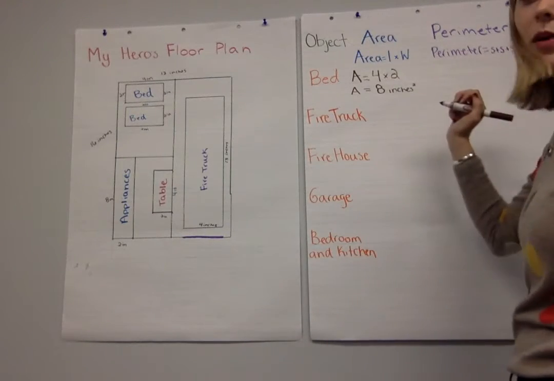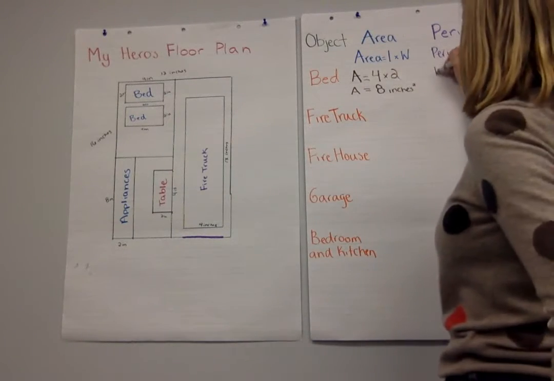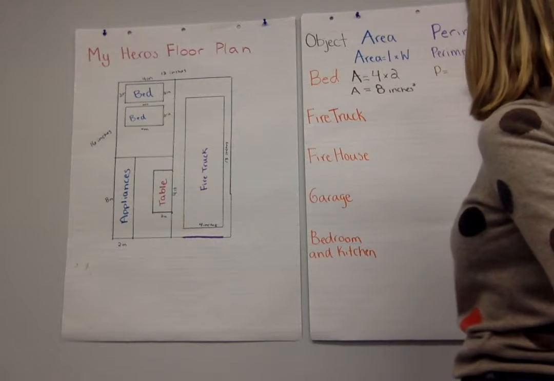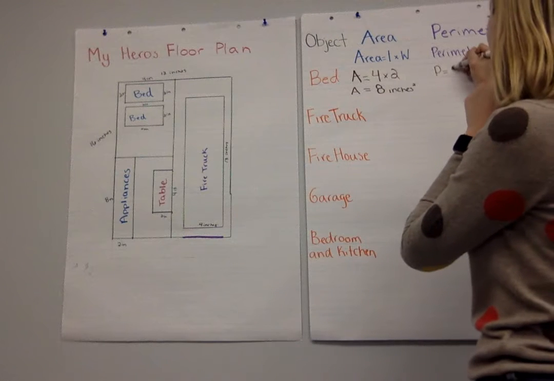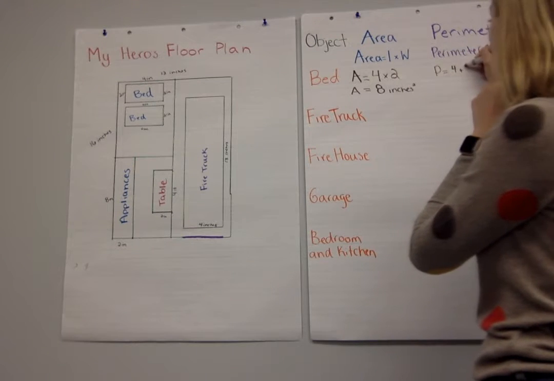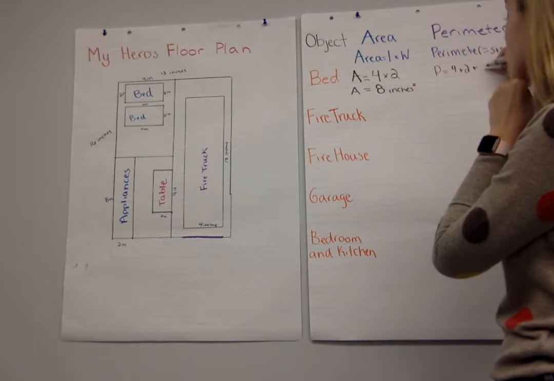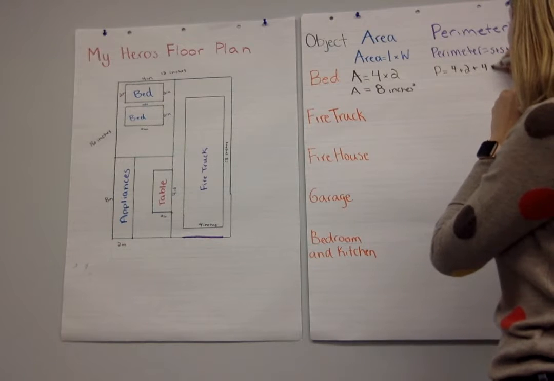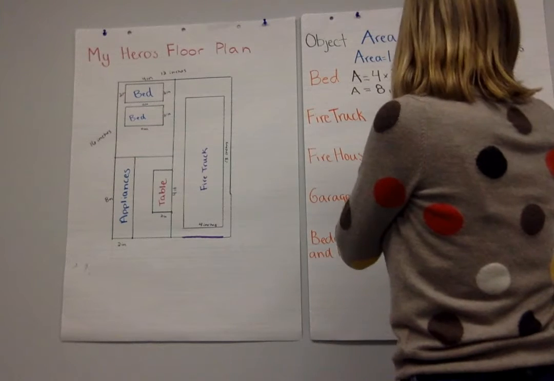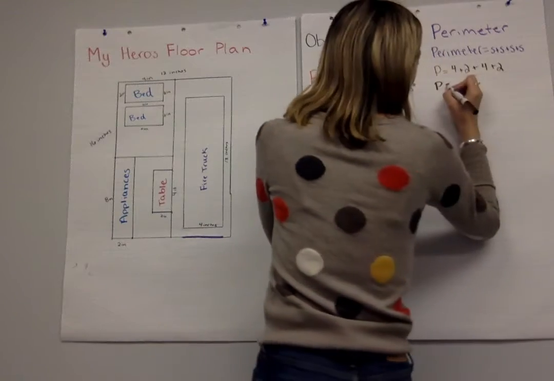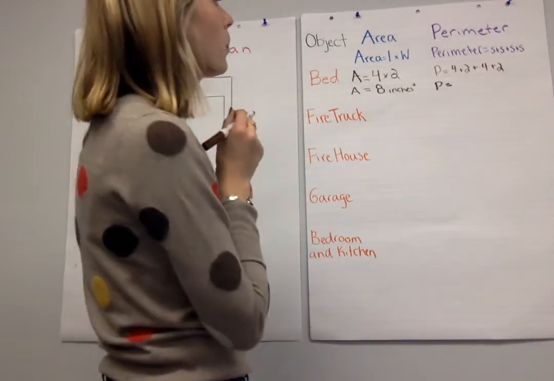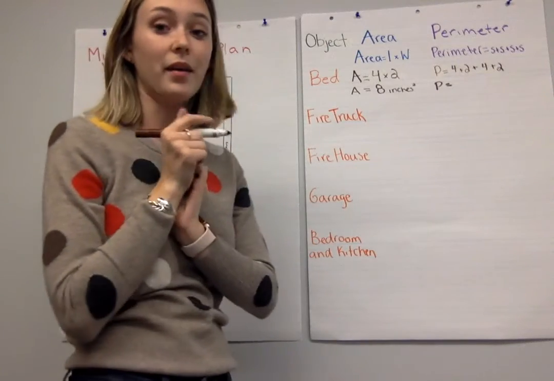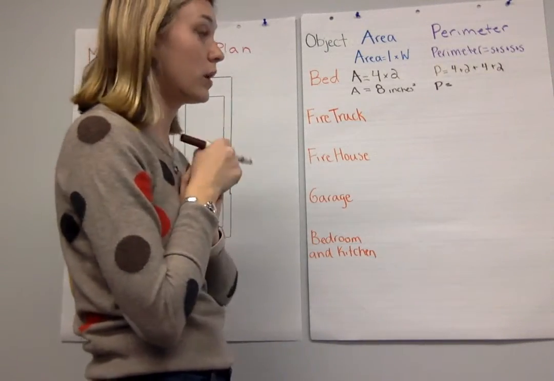So to find my perimeter, I do P equals side plus side plus side plus side. So I do 4 plus 2 plus 4 plus 2. And what do I get? 4 plus 2 is 6, plus 4 is 10, plus 2 is 12.